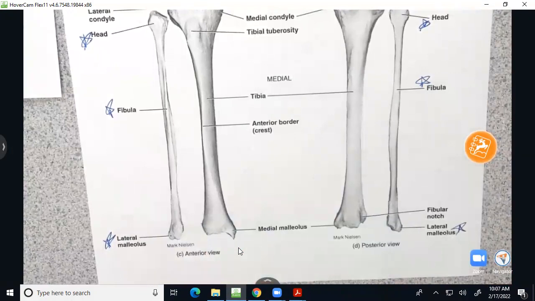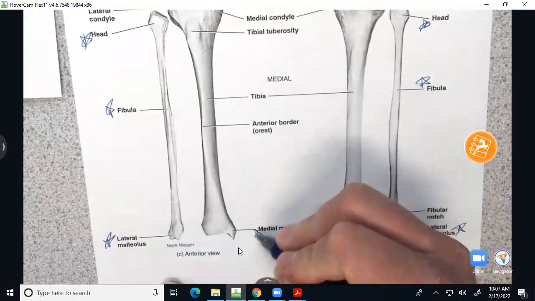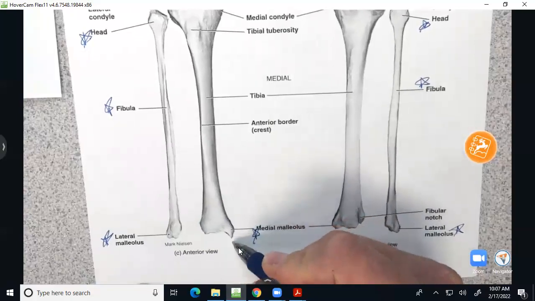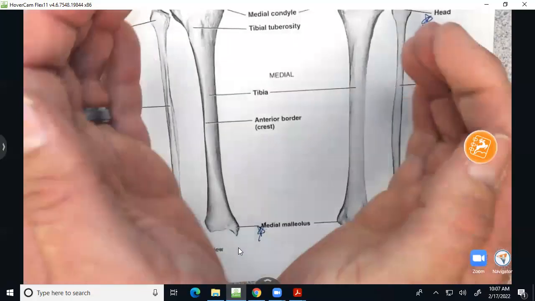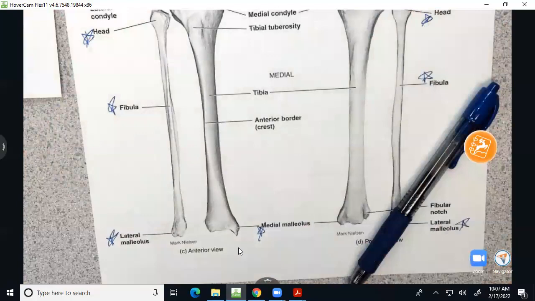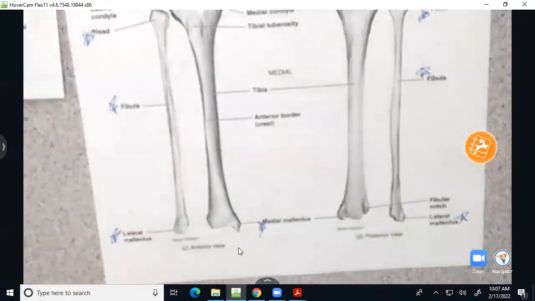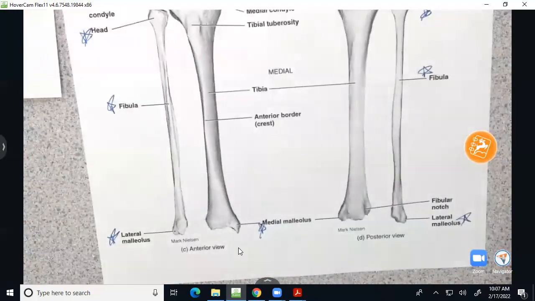The one on the inside is from the tibia, and I'll just go ahead and highlight it because it's one of the structures I want you to know. That's the medial malleolus. Kind of like what we saw with the styloid processes of the ulna and radius, they come down and cradle around our ankle bones, and they help to provide stability to that ankle joint.